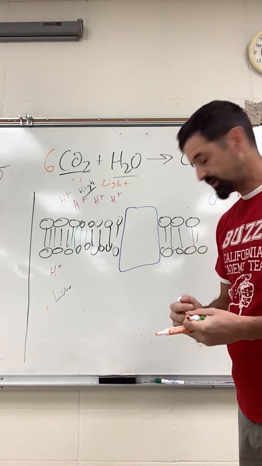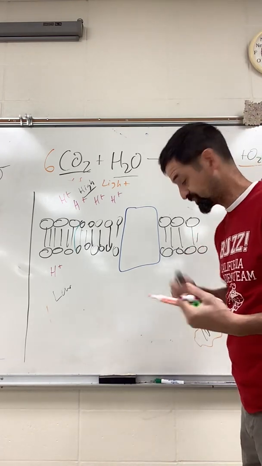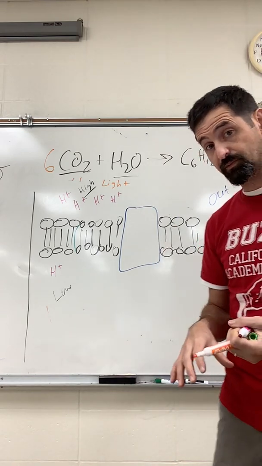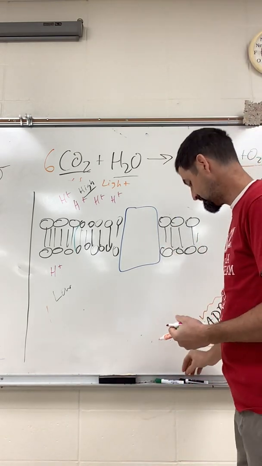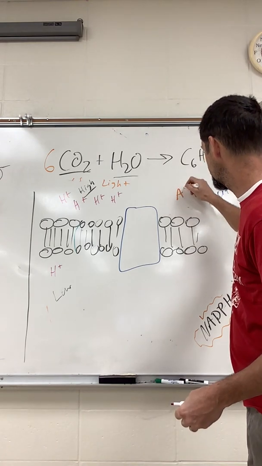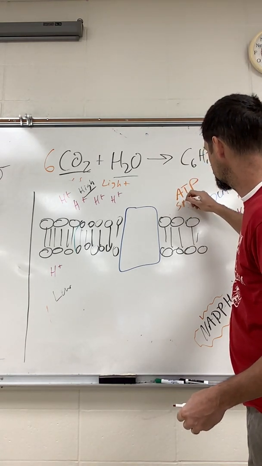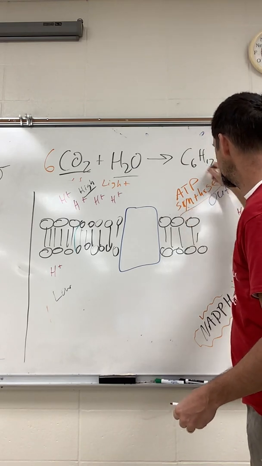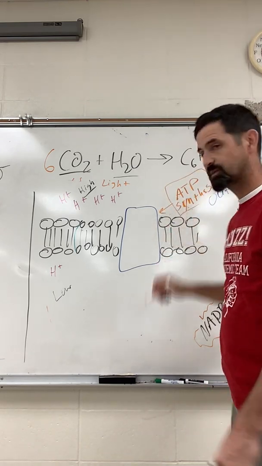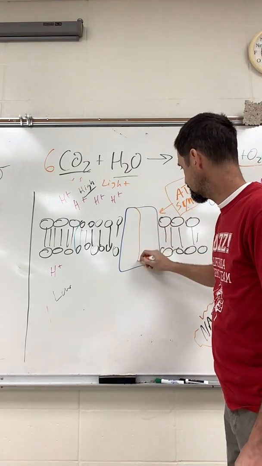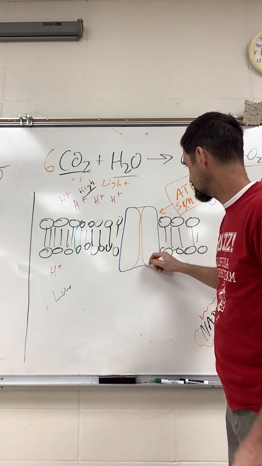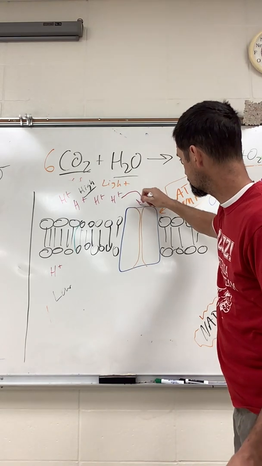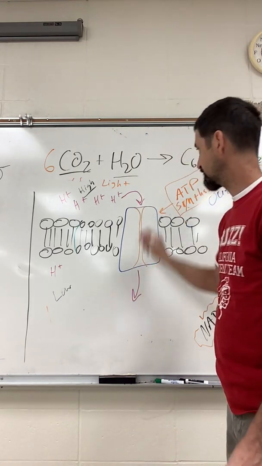Well, we had talked in the previous chapters about how proteins and enzymes can help move things through the membrane. This molecule, ATP synthase, provides a channel to let the hydrogens pass through the membrane from high to low.